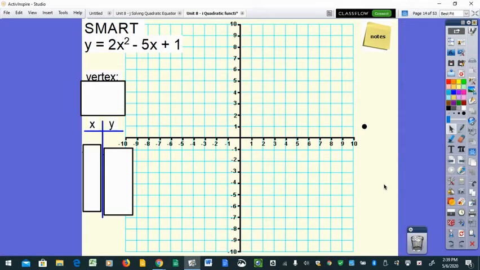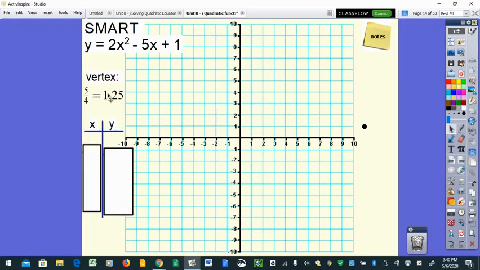Okay, now that we're back, to graph a quadratic, the first thing we do when there's a bx term is take the opposite of b, which in this case would be the opposite of -5, over 2a. So did you start by getting 5/4? There's nothing saying that you have to keep that as a fraction, so how about if we make it a decimal?